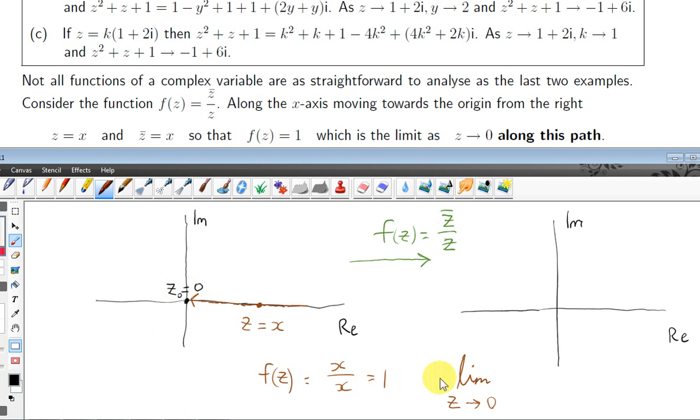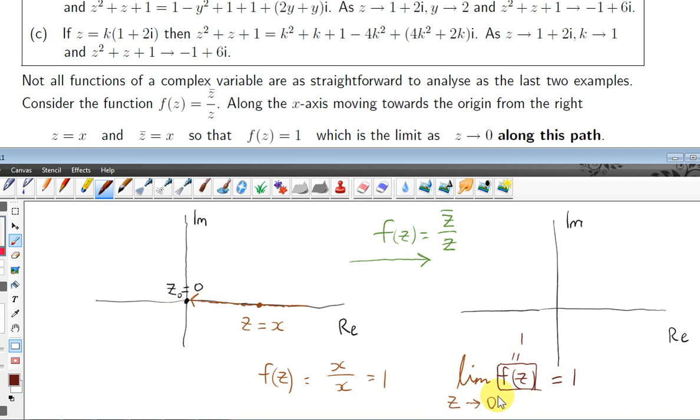So we see that the limit as z tends towards z0 in this example of f of z is just 1. We just get a constant for f of z. f of z equals 1 for all points on this path.